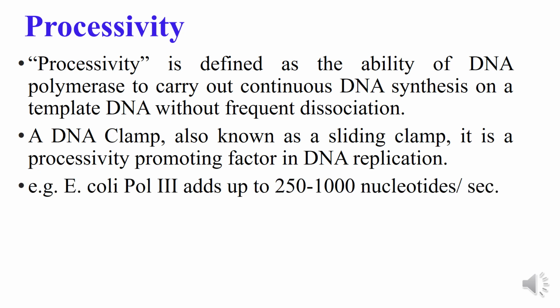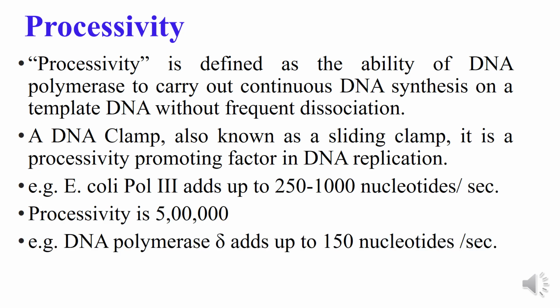So in E. coli, polymerase 3 adds up to 250 to 1000 nucleotides per second in the presence of a clamp. Its processivity is around 5 lakh, and in eukaryotes it's the DNA polymerase delta that adds up to 150 nucleotides per second.